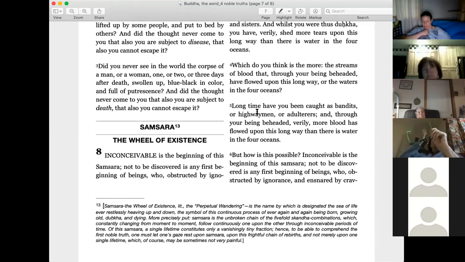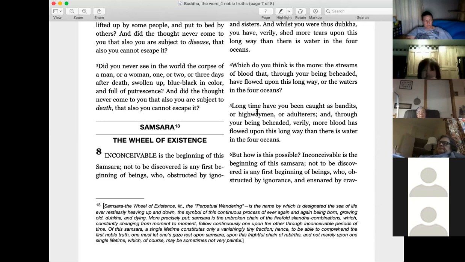And the other thing about samsara is that the life cycle that happens within the birth and death is a tiny, tiny, tiny fraction of what it is to be part of this whole process.